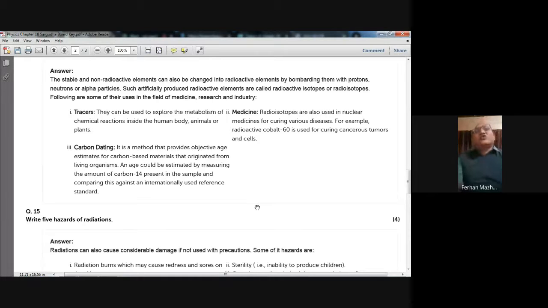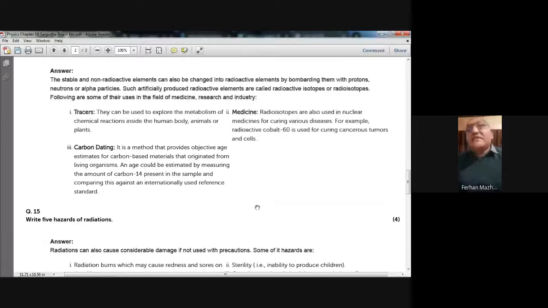Tracers: they can be used to explore the metabolism of chemical reactions inside the human body, animals, or plants. Carbon dating: it is a method that provides objective age estimates for carbon-based materials that originated from living organisms. An age could be estimated by measuring the amount of carbon-14 present in the sample and comparing this against an internationally used reference standard.